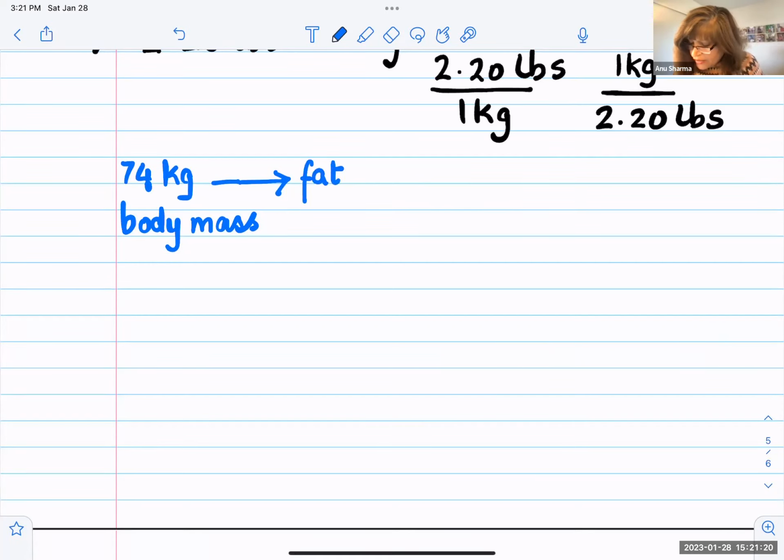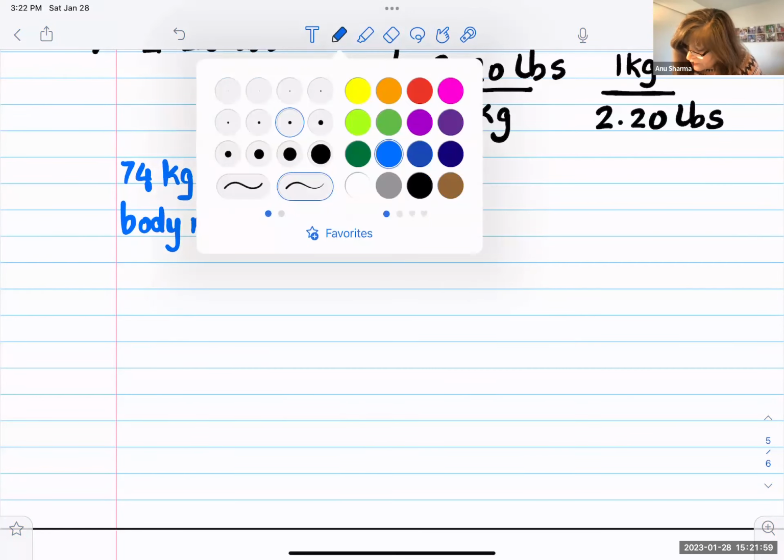You are given the kilograms of body mass, like 74 kilograms, and then you convert that to the fat in kilograms, how many kilograms of fat is there. And then convert that kilogram of fat to pounds of fat. That's how you will do this calculation. Okay, so let's write this down.